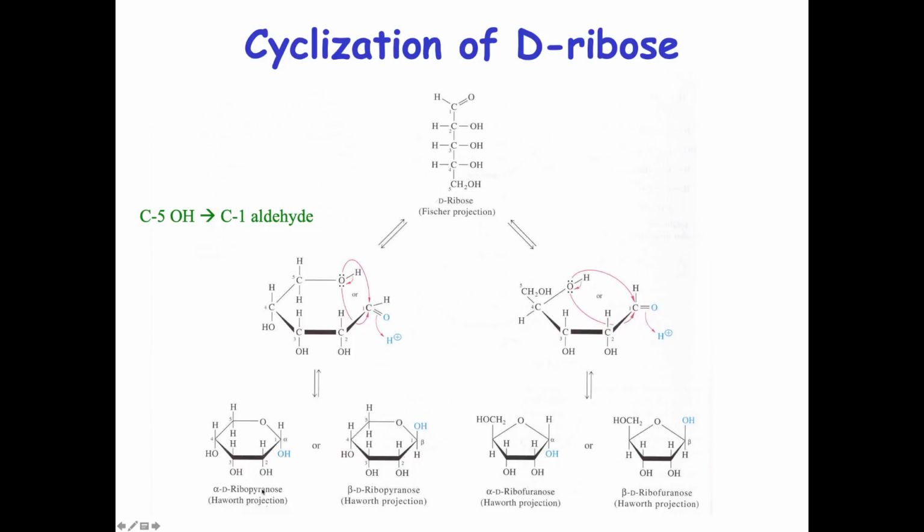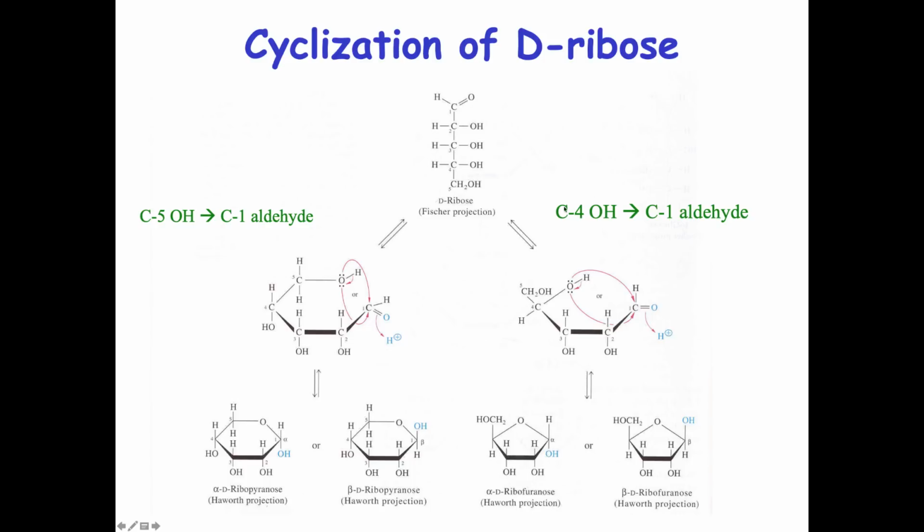So pyranose is the 6-membered ring. Alpha is shown here with this hydroxyl group pointing in the downward position. The other anomer would be beta D-ribopyranose with the hydroxyl group pointing up.